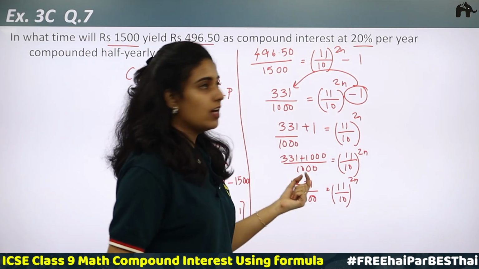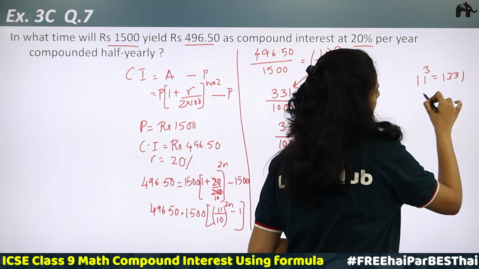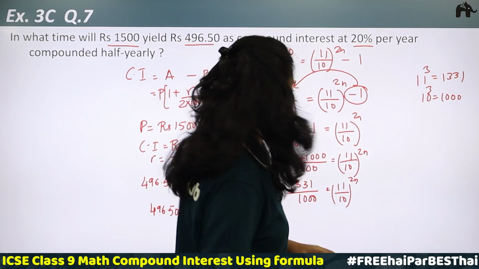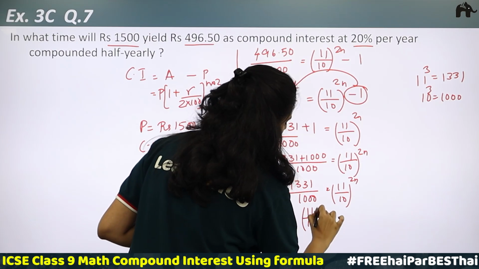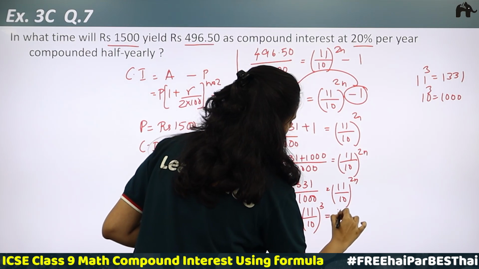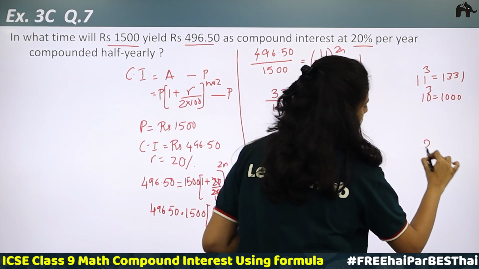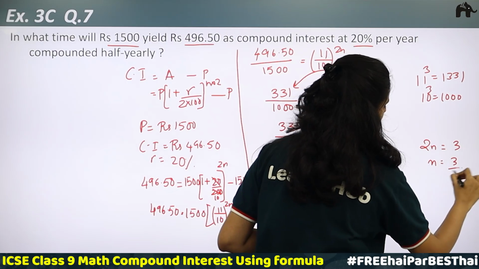What is 1331? 11 cube is equal to 1331 and 10 cube is equal to 1000. Okay, so this can be written as 11 by 10 whole cube equal to 11 by 10 raised to 2n, which means 2n is equal to 3 or n is equal to 3 by 2.